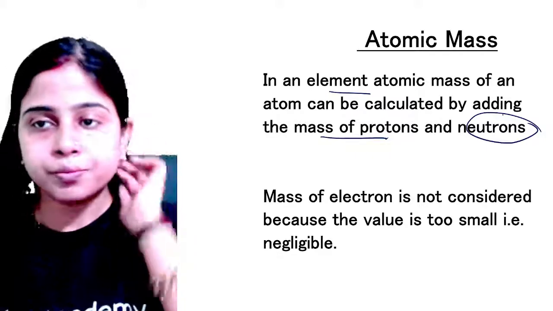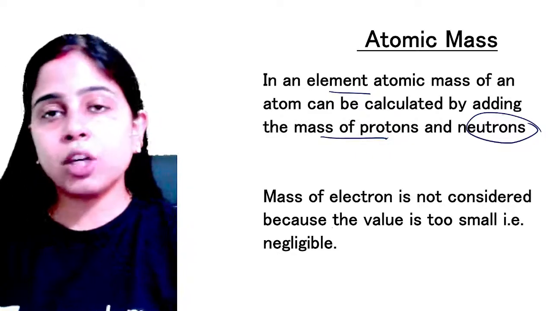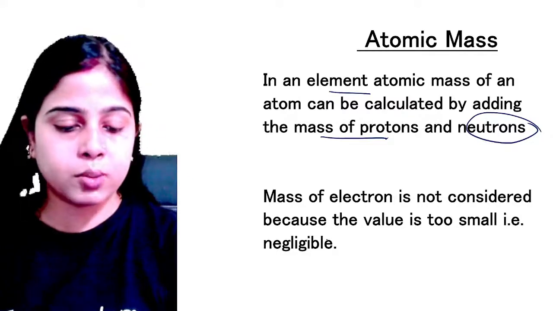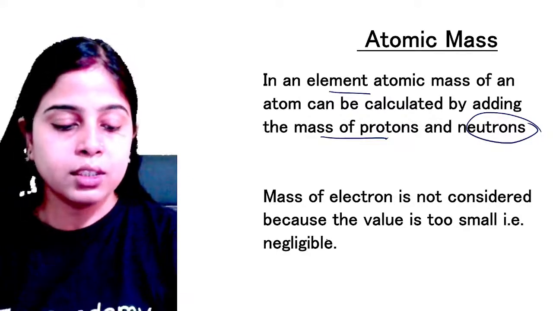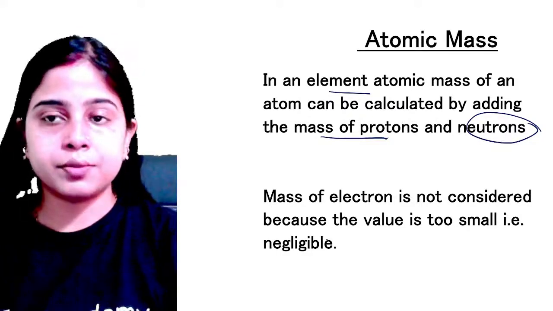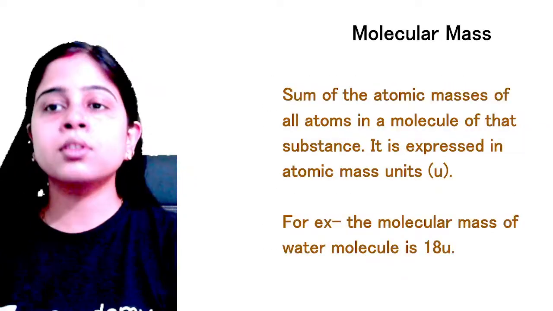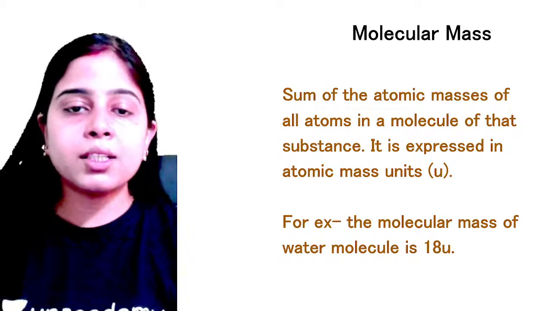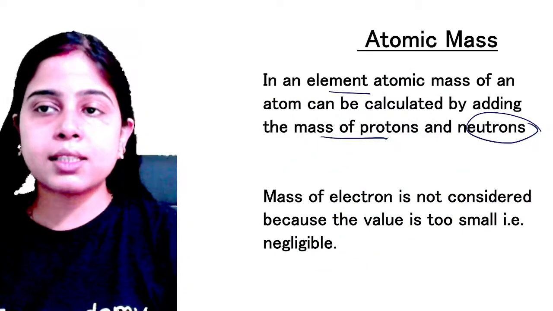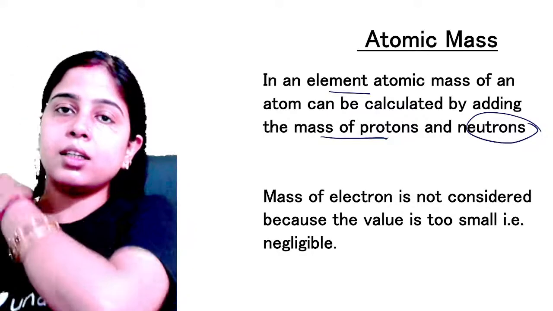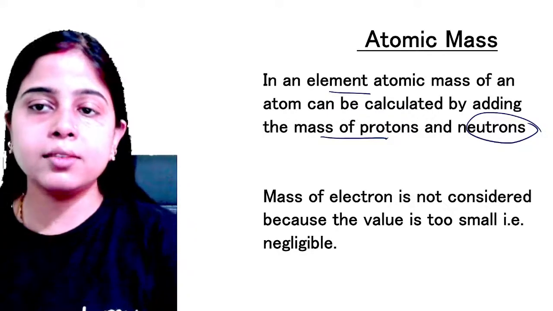Yes or no? And the mass of electrons we do not take into consideration because it's very small, almost negligible. So we do not consider that. Yes? So all of you must know this, that atomic mass is calculated by adding the number of protons with the number of neutrons. Clear?